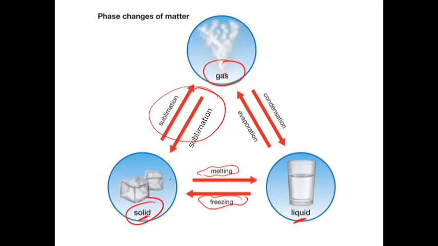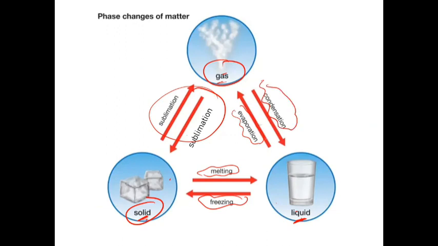From liquid into solid is called freezing. And the liquid, when converted into a gaseous state, this process is called evaporation. And in the opposite direction, from gaseous state into liquid state is called condensation.